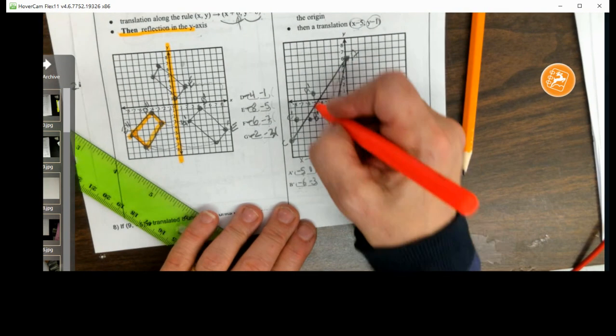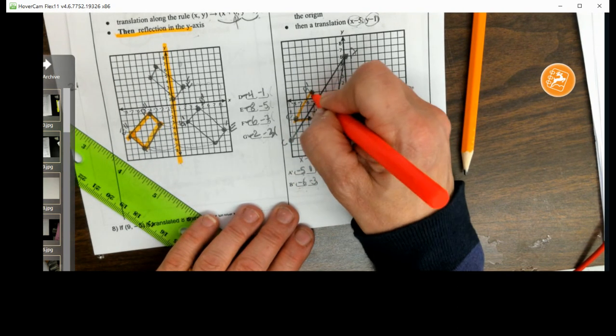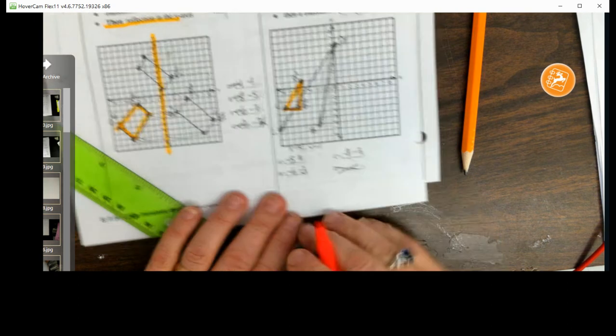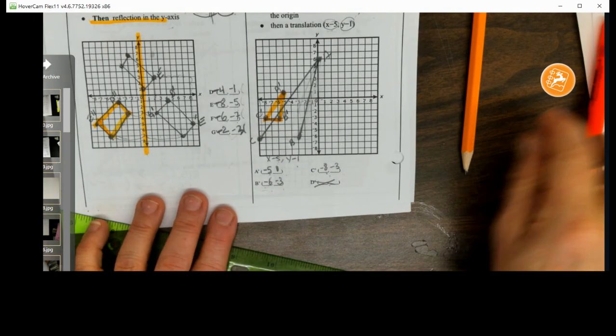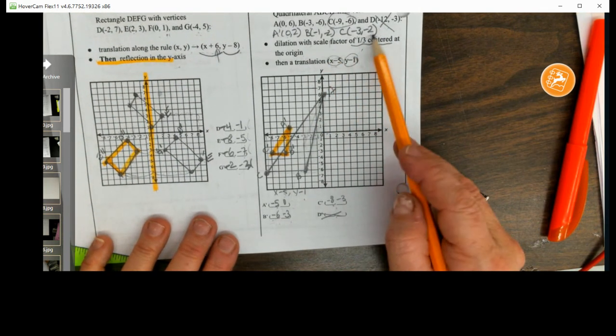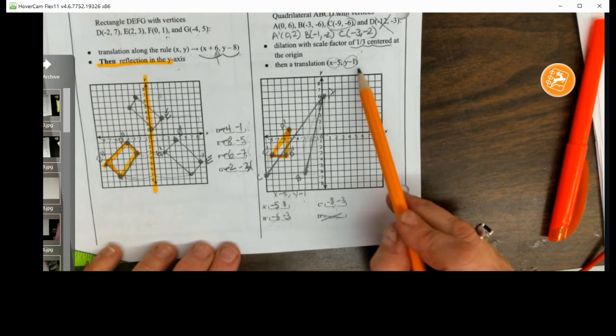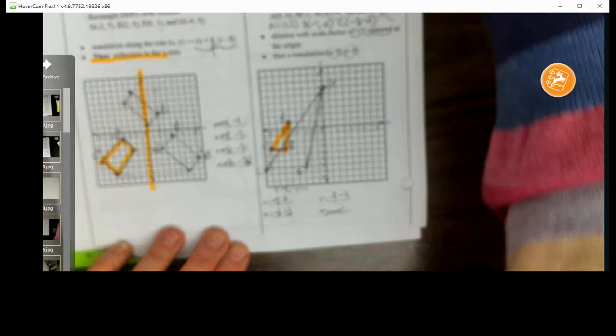And this is my new shape over here. Okay? Smaller and placed differently. If you decided to do the new scale factor and then to translate each point separately, that is also correct. Okay? Let's turn the page for 9.